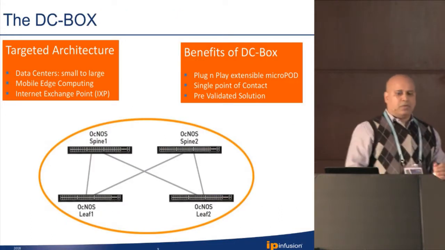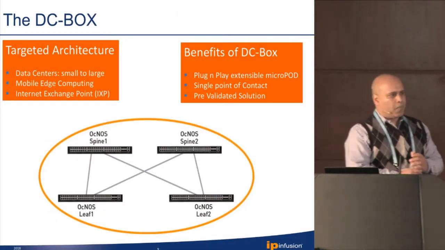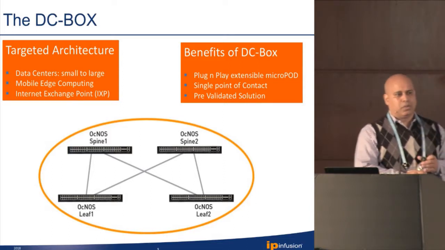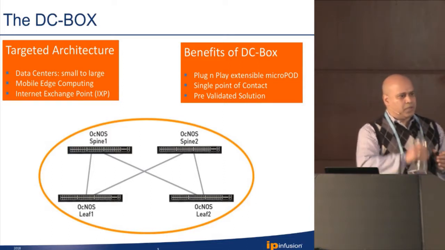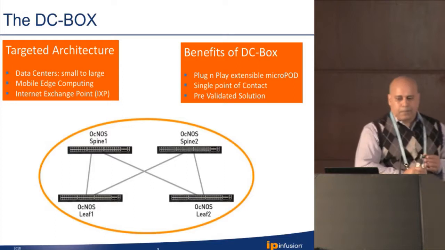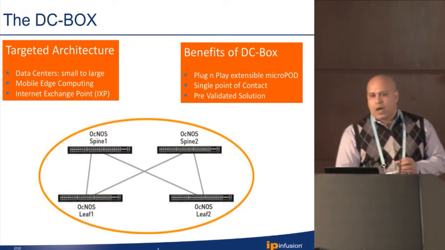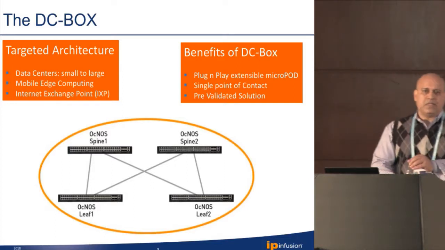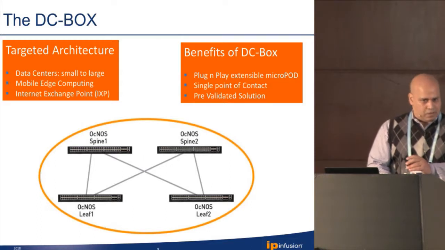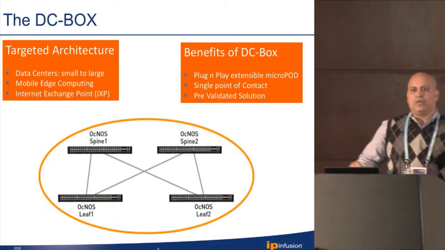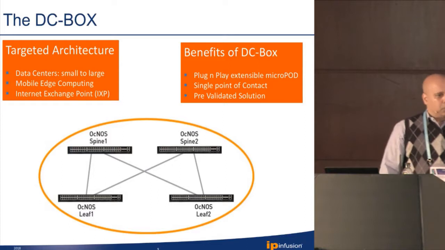So talking about this DC box, it is all about giving you the flexibility for underlay. So let's say you want to use BGP as an underlay, you could do that. If you would like to use MPLS as an underlay, you could do that.